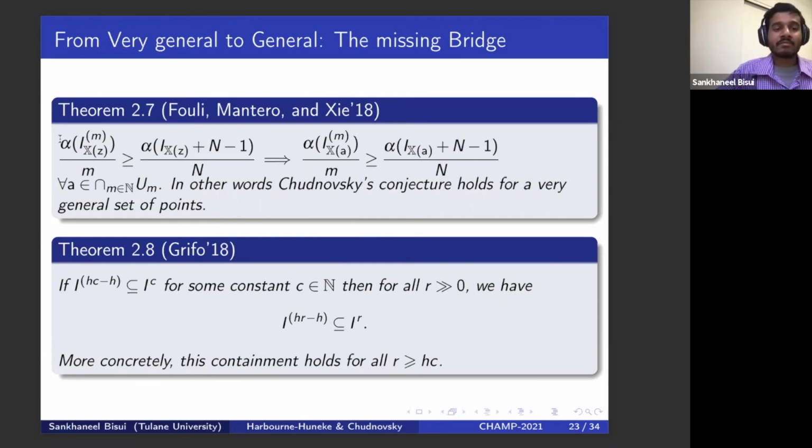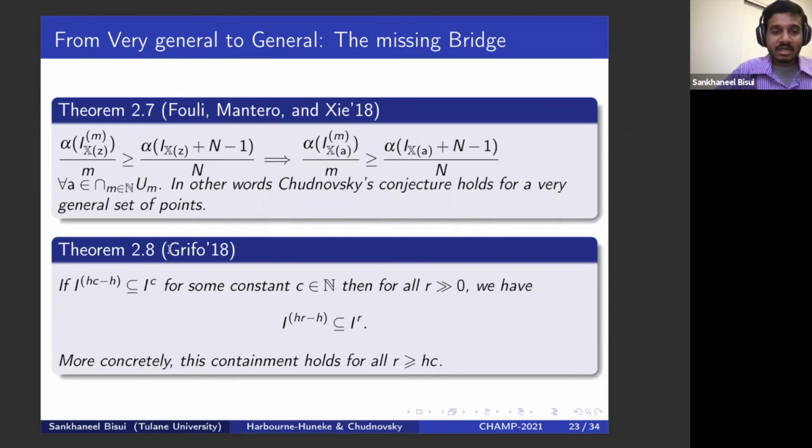Meaning, for each m, they got an open set, and then they took the intersection. After they took the intersection, they got the result for Chudnovsky for a very general set of points. Now, we had to somehow come up with an idea where we avoid taking the infinite intersection.